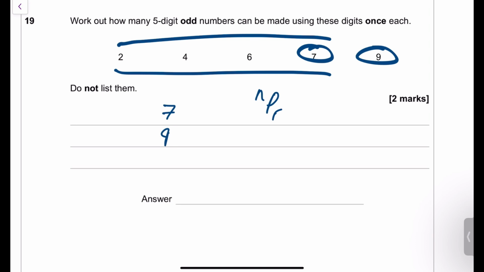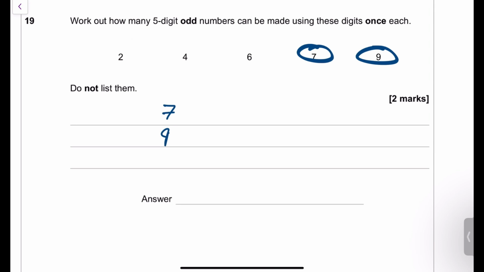How many different ways can I do it? Right, I would have to work this out. There's a quicker way of doing this, folks. Right, 4 things. I'm just going to write down A, B, C, D. Doesn't matter what they are, but there's 4 different things.